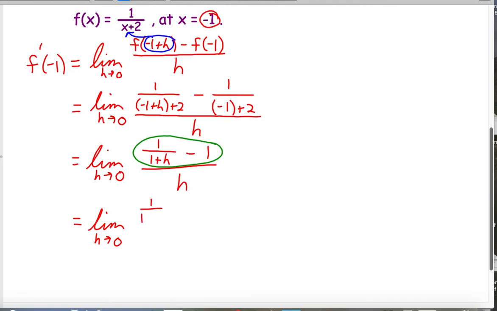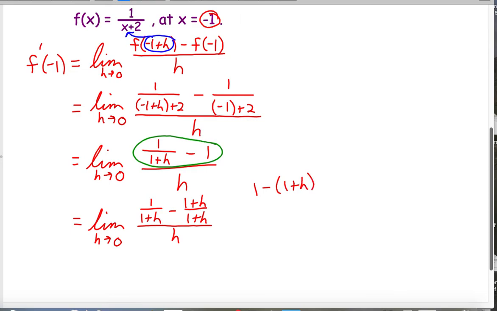So we're going to be doing the limit as h approaches 0 of all this after we simplify. So we have 1 over 1 plus h minus 1 plus h over 1 plus h, all over h. Now I can combine those two fractions because they have the same denominator, and I'll subtract the numerators, and I'm going to be left with 1 minus the quantity 1 plus h. And by the way, be careful with this.